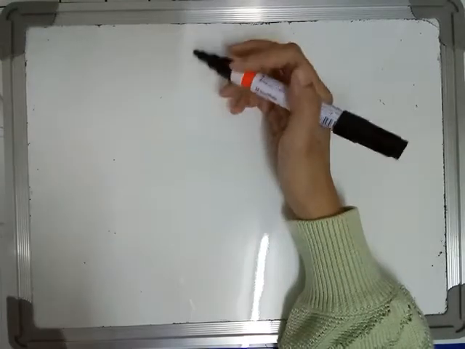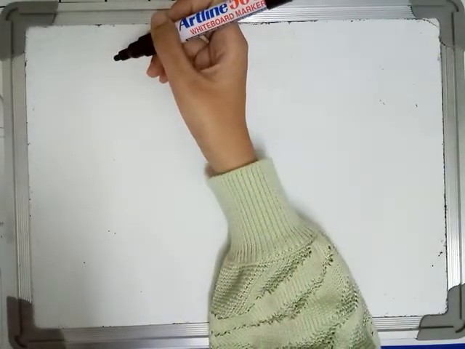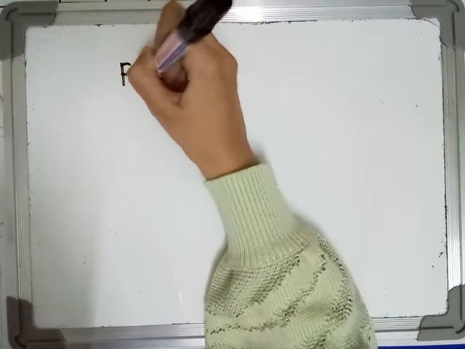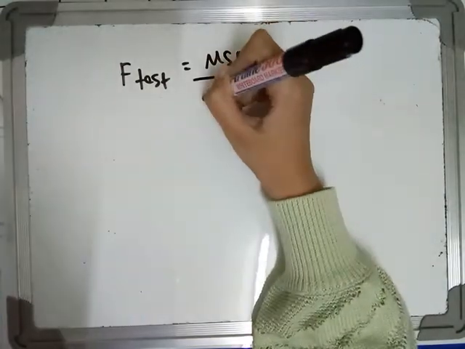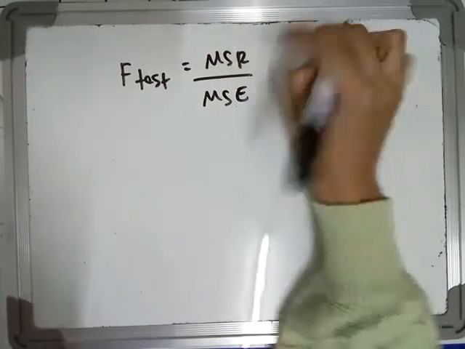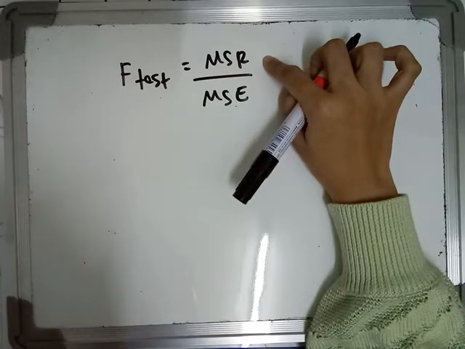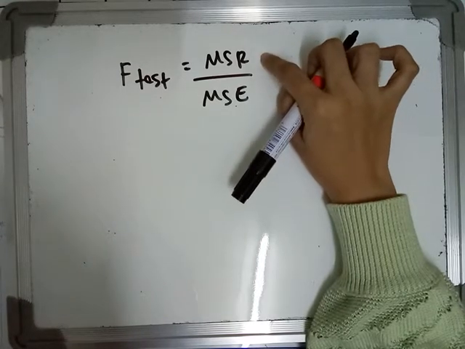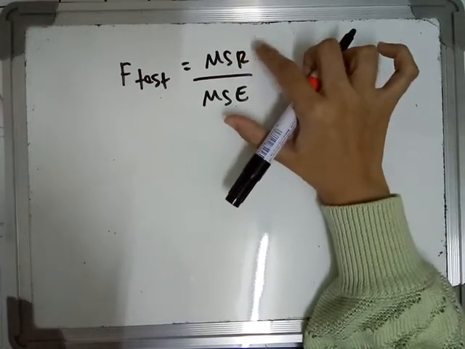Step 4, you need to use the F-test formula. It is MSR divided by MSE. What is MSR? MSR is the mean square for residual, as you can see in the ANOVA table.